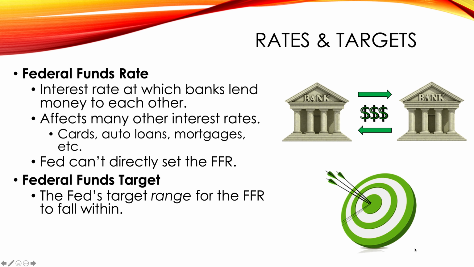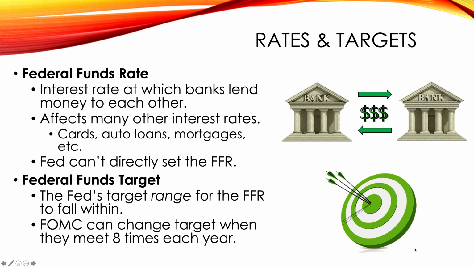Now, how often does the Fed change this? Remember, the group within the Fed that sets monetary policy is called the Federal Open Market Committee, and there are 12 voting members at any given time. When the FOMC meets in Washington, D.C. 8 times a year, this is when they can choose to change the federal funds target. Sometimes they'll raise it, sometimes they'll lower it, sometimes they'll keep it the same.